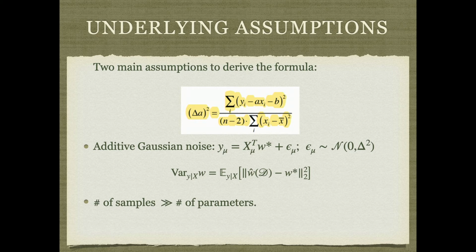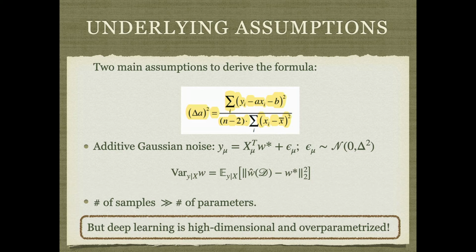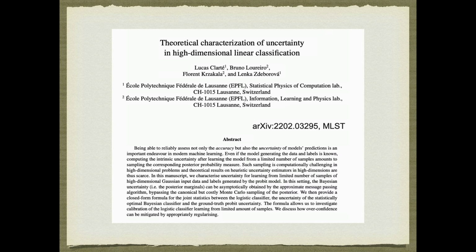And one more important assumption, you also assume that the number of samples is much larger than the number of parameters, which is fine if you have 2 parameters and 1,000 samples, but in machine learning it's not fine, right? Deep learning is high dimensional and over parameterized. So many parameters, large dimension, not so many samples. So even if this formula is true in many cases in physics, in current deep learning this will not be the case.